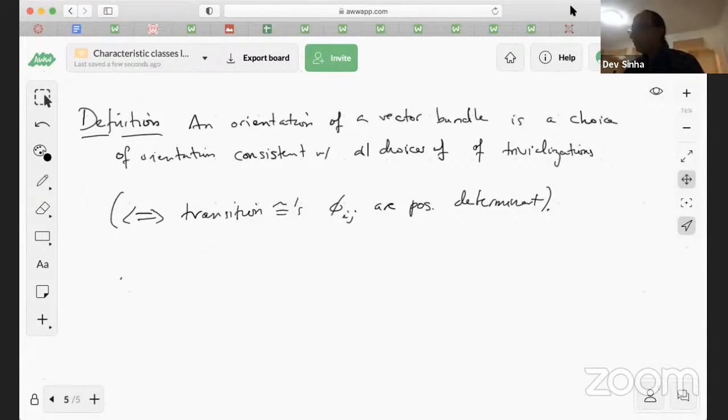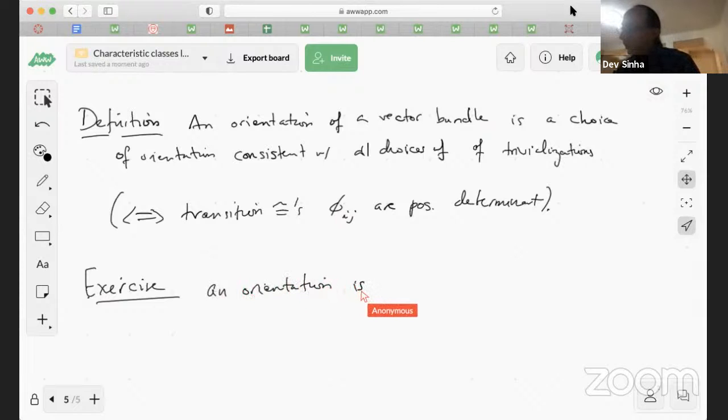So let me give you a little exercise on that. Kind of a standard thing. Excuse to learn a little bit of multilinear algebra. So an orientation is equivalent to giving a section of the nth exterior power of your vector bundle, where E is rank n.